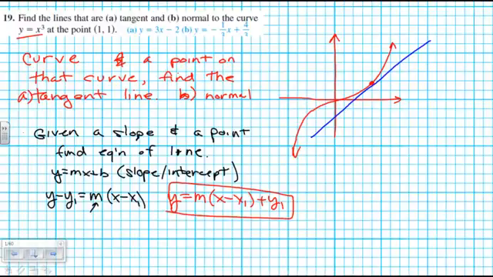Well, we know the point part of that linear equation. It's (1, 1). So we know the x1 and the y1 in this form that we're going to fill in. The question is, what's the slope?